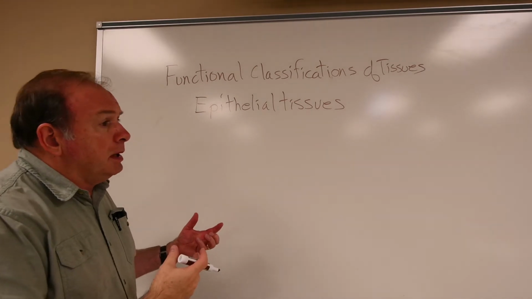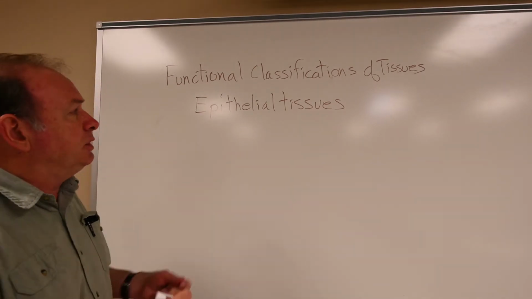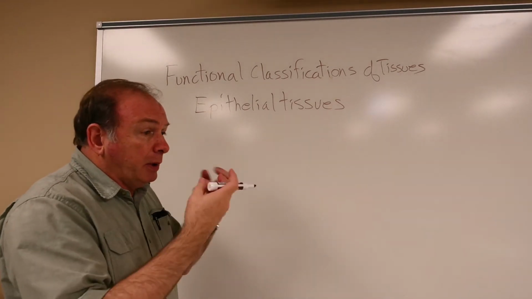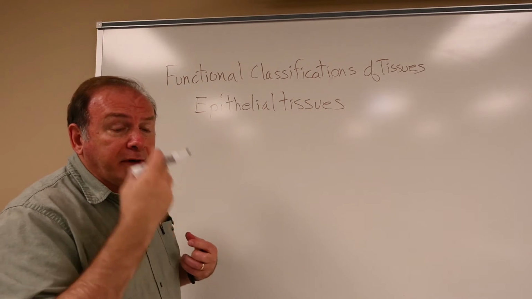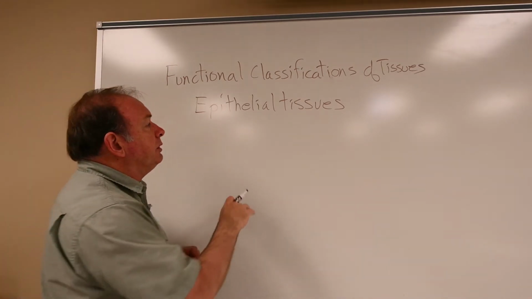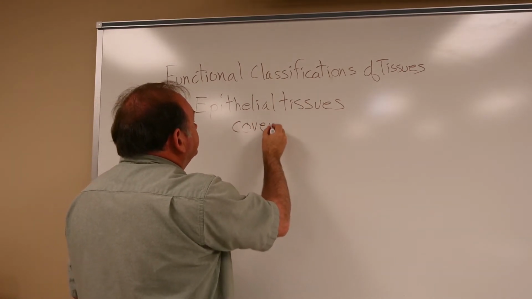So we know that's a kind of covering. In a definition of epithelium, we would talk about coverings and linings. So they would line your oral cavity, your nasal cavity, and all through your gut, inside of your blood vessels, and all those things. So it forms coverings and linings.